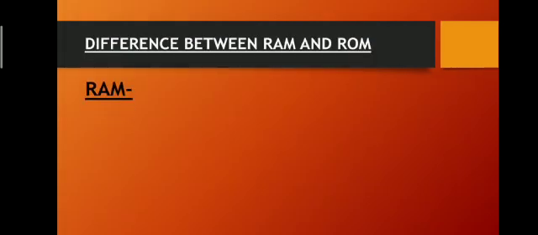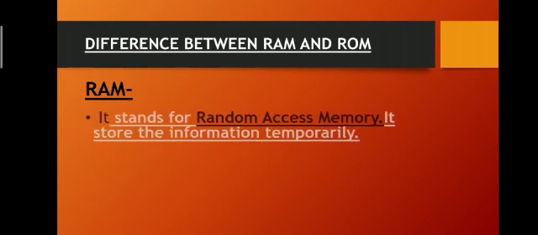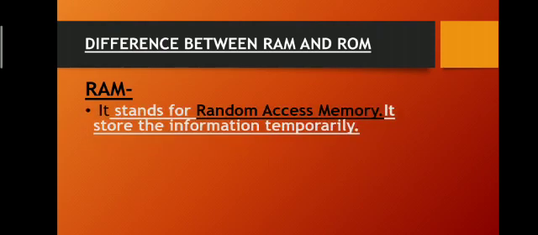So first one is RAM. First of all, children, RAM stands for random access memory. It is a type of memory in which the information is stored for temporary use.